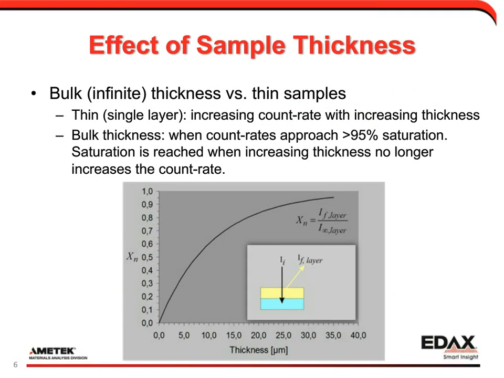The next influence is from sample thickness, and sample thickness plays more of a role, not so much in the background, but more in the actual direct elemental count rates. Bulk thickness, also known as saturation depth, would be the minimum thickness where roughly 90% or above of the incoming X-rays are absorbed by the sample.